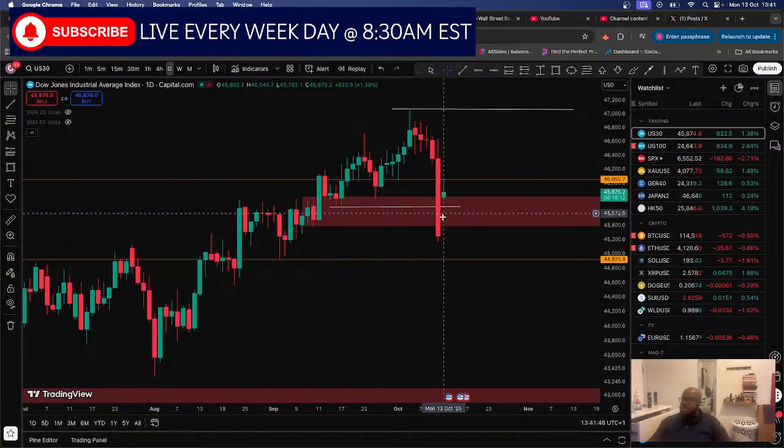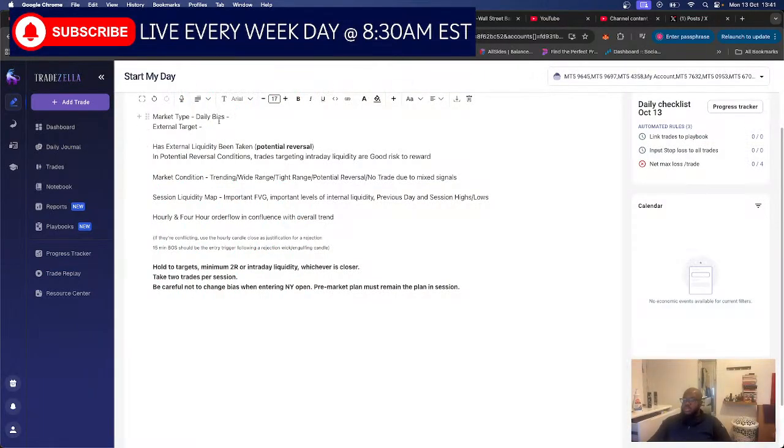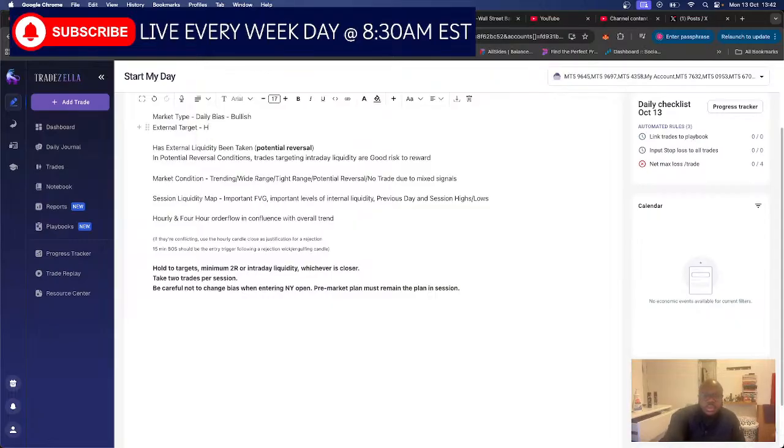So what this tells me is we swept our external liquidity. So now we have a market bias of bullish again, because we swept external liquidity. I'm going to target the highs again.